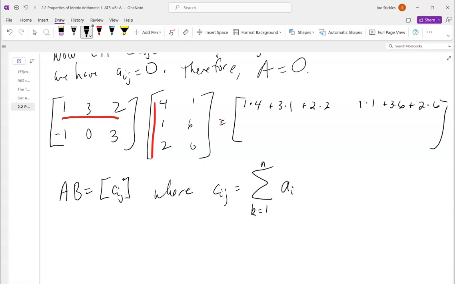So I'll write this as the sum of a sub ik times b sub kj, where our A will be an m by n matrix, and B will be an n by p.